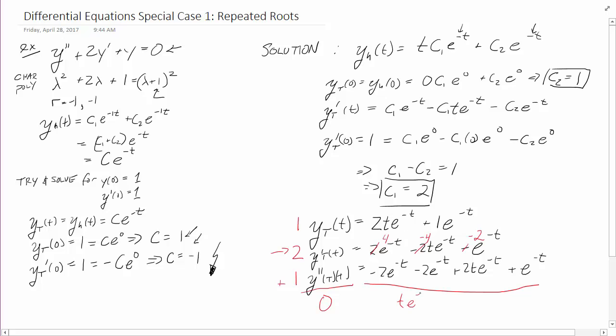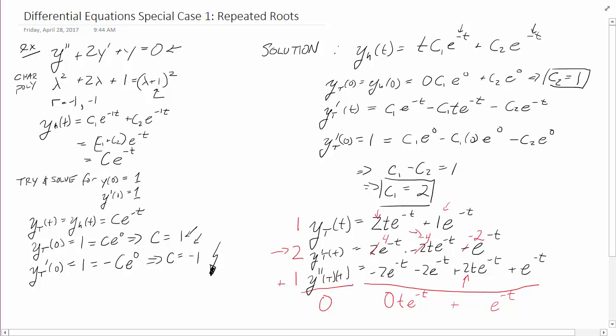And if we try to track down all of the t e to the minus t's, I've got 2 from this one, a minus 4 from this one, and a plus 2 here. So that was plus 4 minus 4, so that's 0 t e to the minus t's. And then the only other kinds of terms I'll have are e to the minus t's.